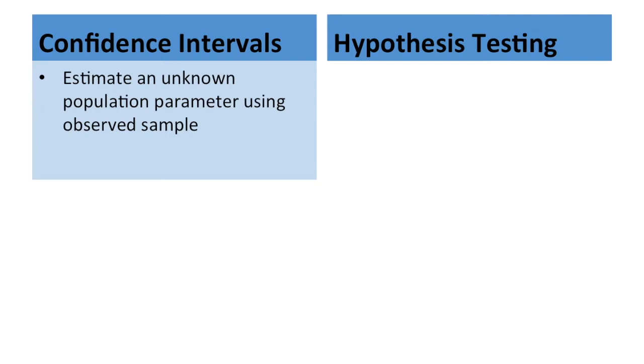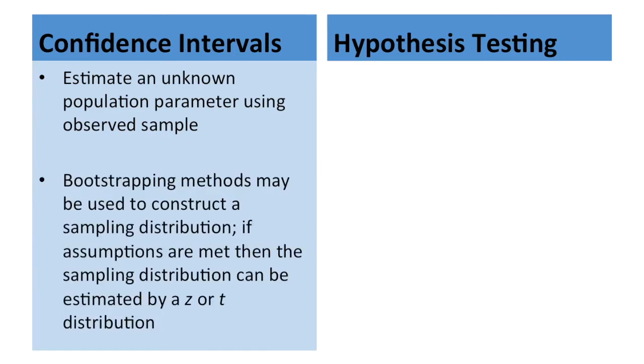When we're constructing a confidence interval, we're estimating an unknown population parameter using an observed sample. Bootstrapping methods may be used to construct a sampling distribution. If certain assumptions are met, then the sampling distribution can be estimated by a z or t distribution.